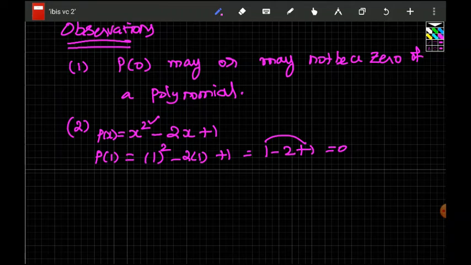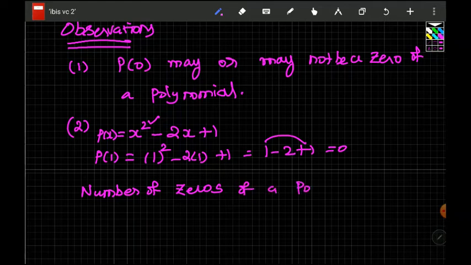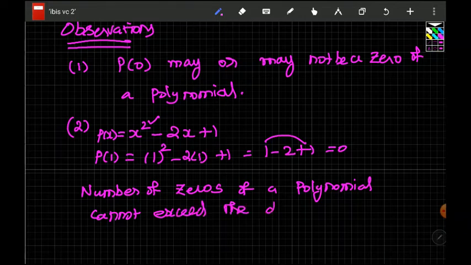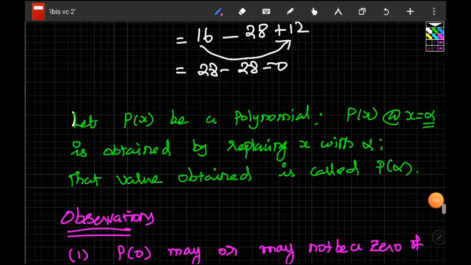Just see that the number of zeros of a polynomial cannot exceed the degree of the polynomial. Here I'll go with the example.